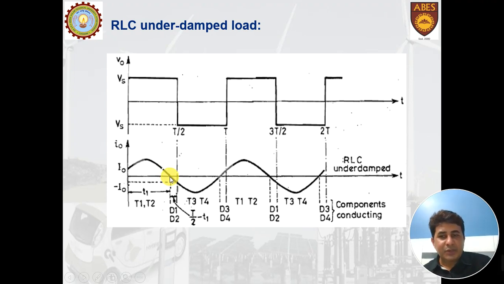If the current becomes zero and T3 and T4 are not fired, the current has to flow through the load, and this current will flow through D1 and D2.